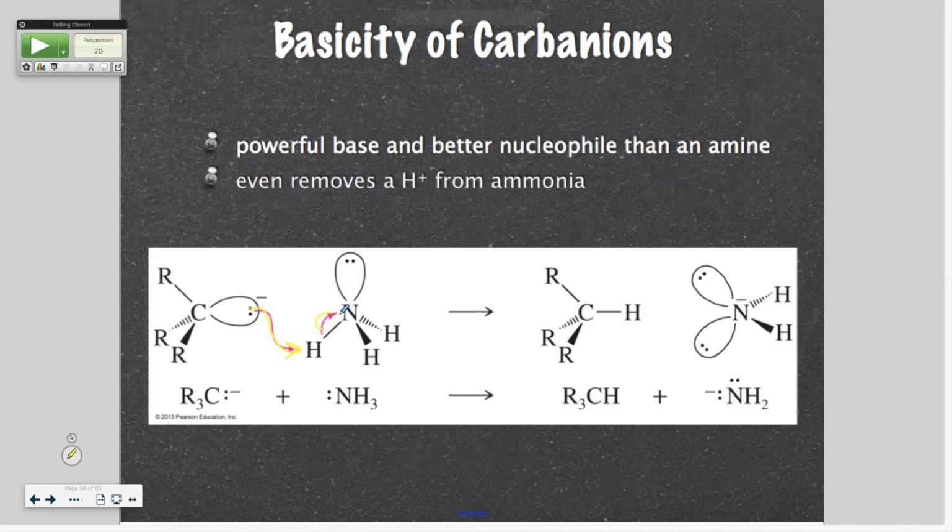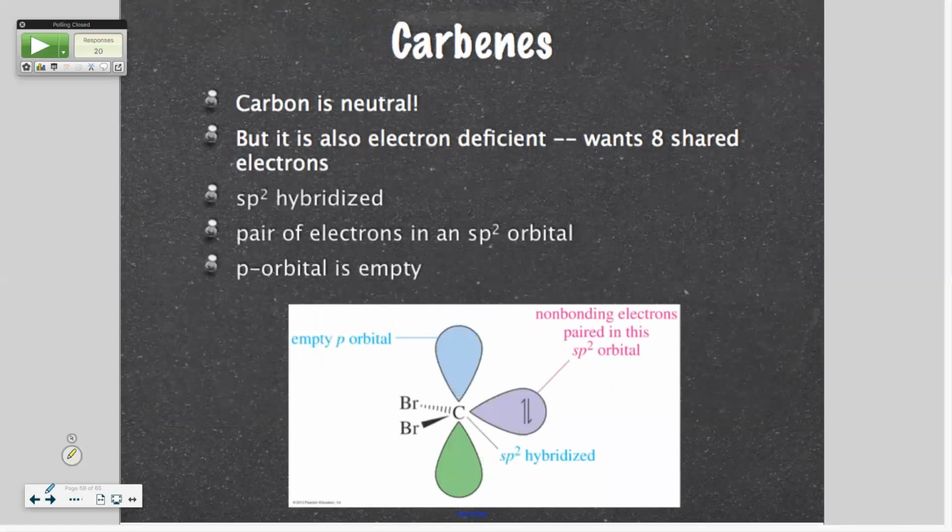The electrons in the NH bond end up on the N. So in the end, your nitrogen is negatively charged and your carbon isn't. So if you just wrote it out without all the little orbitals, it looks like the bottom there. We will use them again.